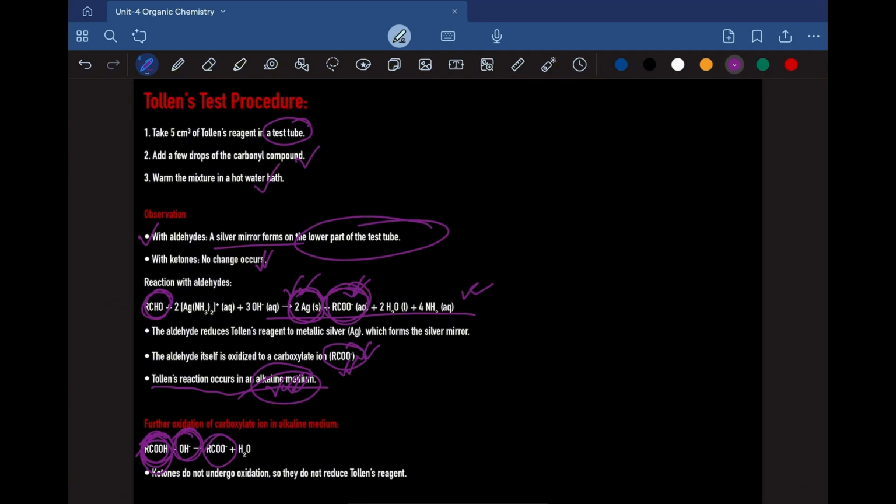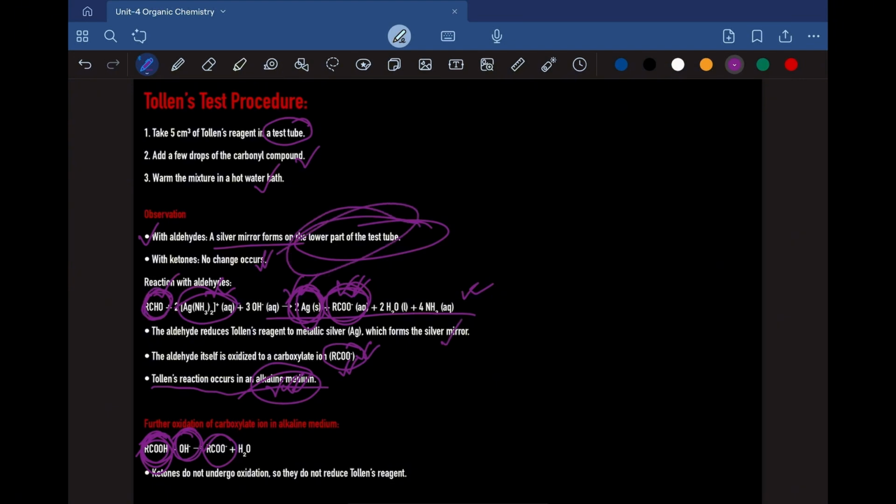Now the two points that we have to understand are that the aldehyde is becoming a carboxylic salt, and the aldehyde reduced the Tollens reagent into this silver mirror, which is 2Ag, solid Ag, which forms the silver mirror at the lower part of the test tube.